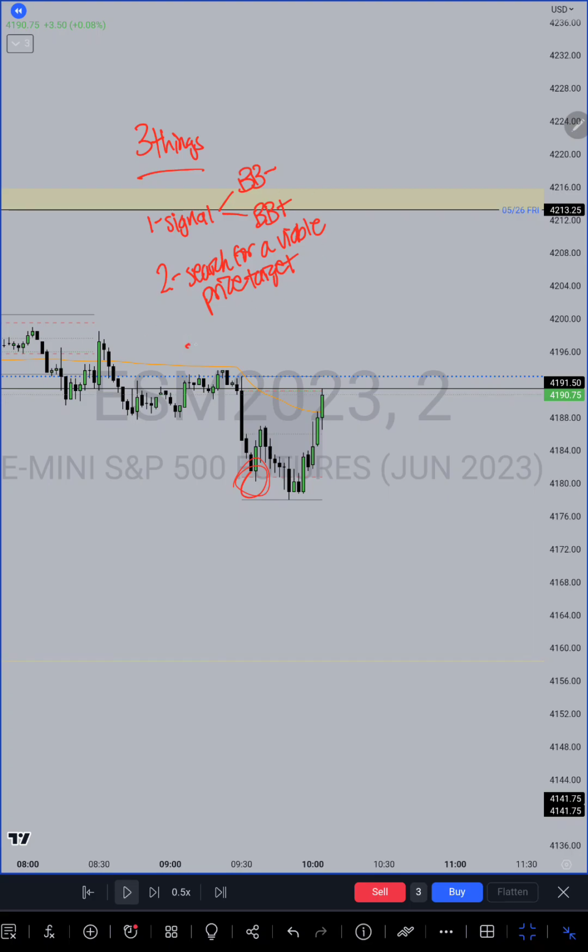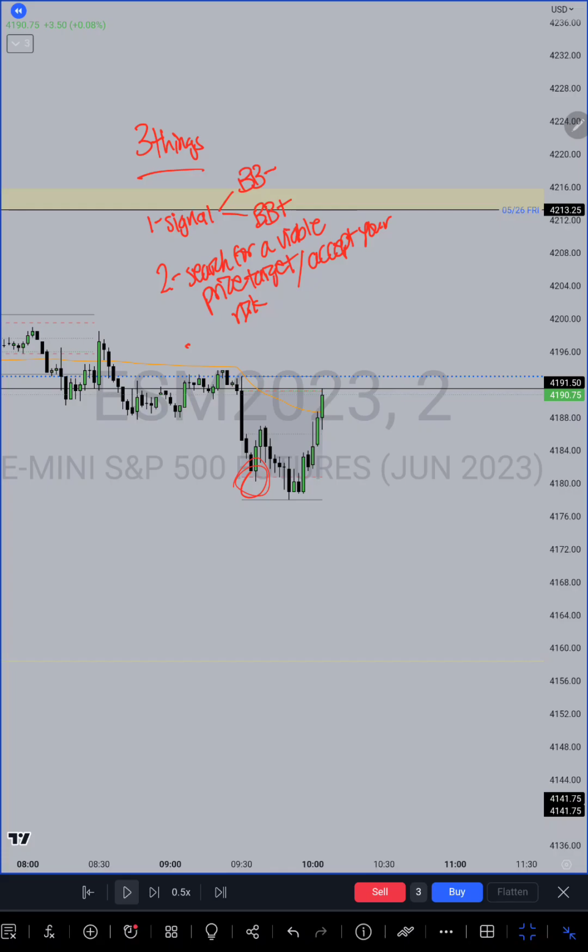In searching for a viable price target, you also accept your risk. If a breaker block forms, as I've gone over in all my other videos, it tells you how much you're going to be risking if this setup comes to fruition.